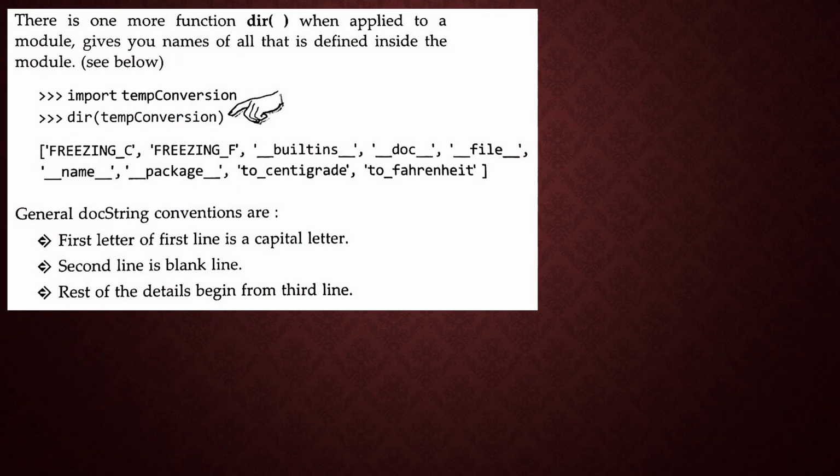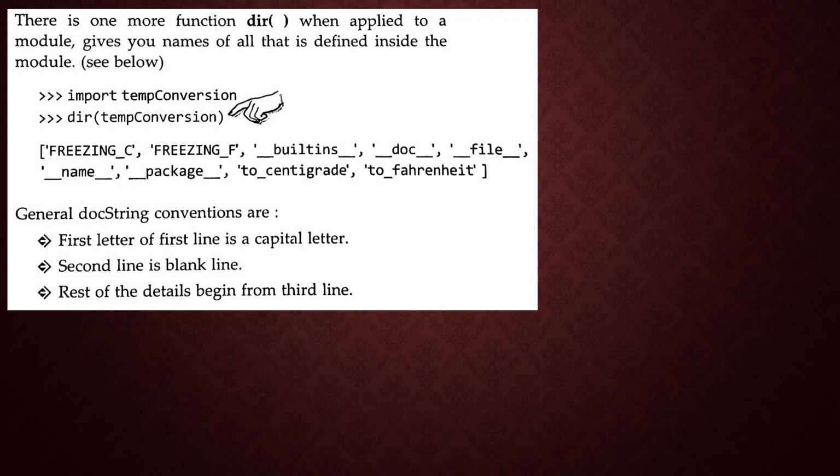Next, we studied the usage of the dir function. The dir function gives you the names of everything defined inside the module. Here we see freezing c and freezing f, two constants, and built-ins.